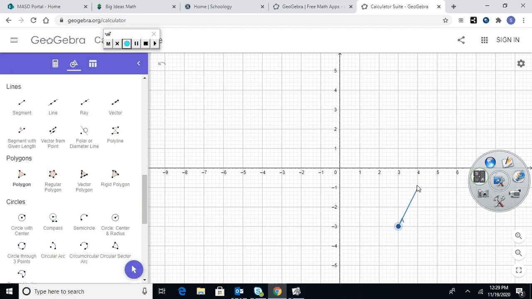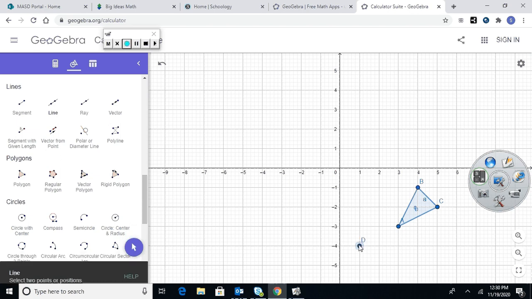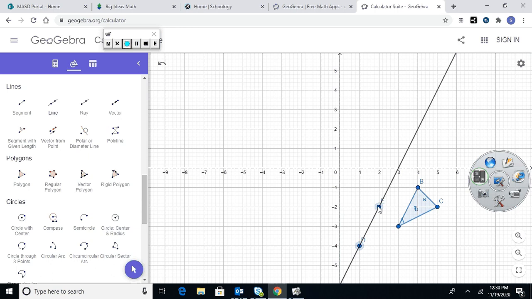And let's just go here, here, here. So a triangle with those coordinates. Now let's put a couple lines in that intersect each other. Put a line there. And a line there. So they intersect at the point D.